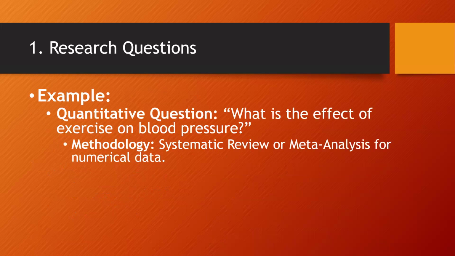So here is one example. It is a quantitative question. Suppose this is one research question: what is the effect of exercise on blood pressure? In this case we'll choose the systematic review method. And if there is numerical data, we'll do a meta-analysis.